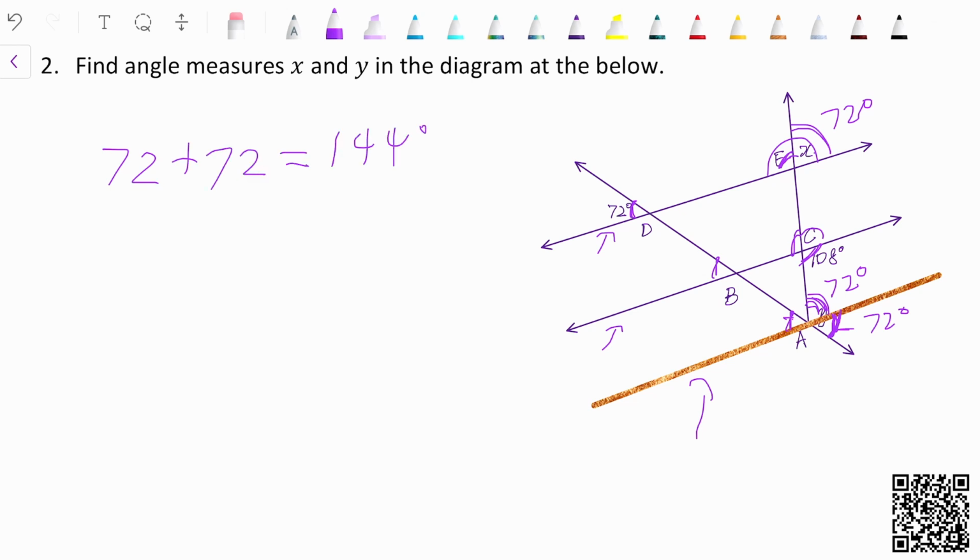You can also find this in other ways, such as solving for the interior angles of this triangle with carry down action, but I personally believe this is the fastest way. So y is equivalent to 144 degrees, and x is equivalent to 72 degrees.